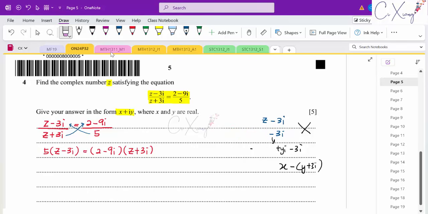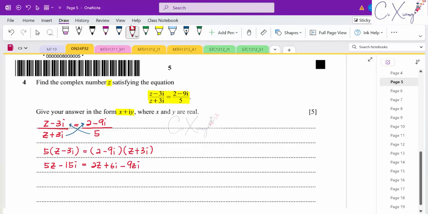So we come back to our solution here. Okay, so I'm having 5. So I want to explain everything. I'm having 5z minus 15i, 2z plus 6i minus 9zi. Then I'm having 27 negative with i squared, which will become positive 27. Okay, then now what I want to do is I try to group all the z at one side because my aim is to find out the complex number z.